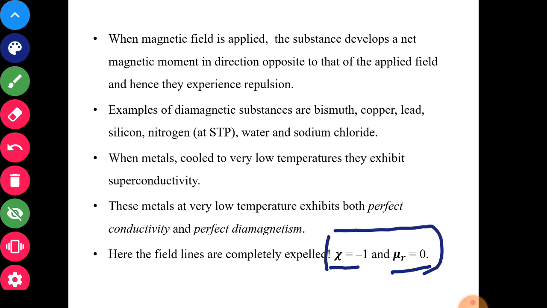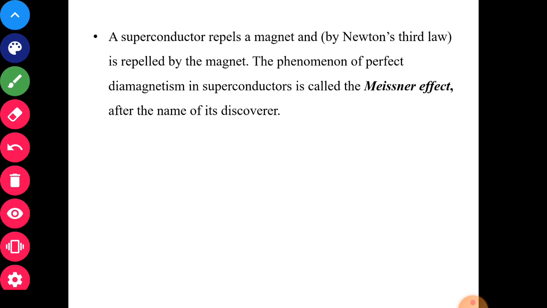This is for a superconductor. MCQs can be asked based on this. A superconductor repels a magnet, and by Newton's third law it is repelled by the magnet.